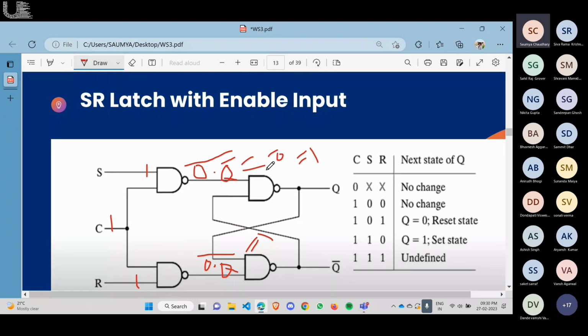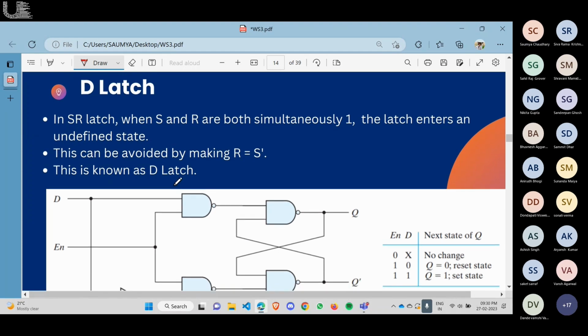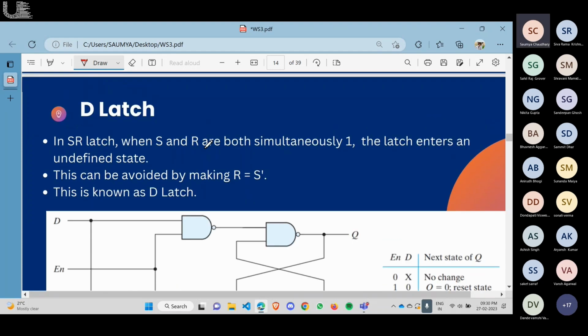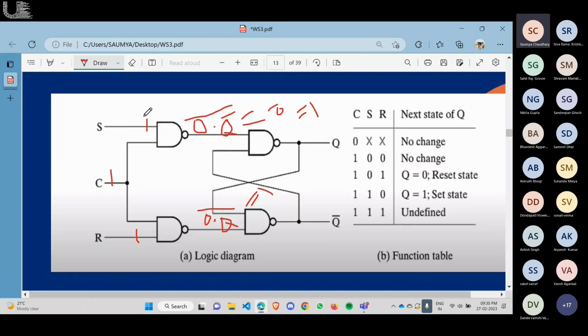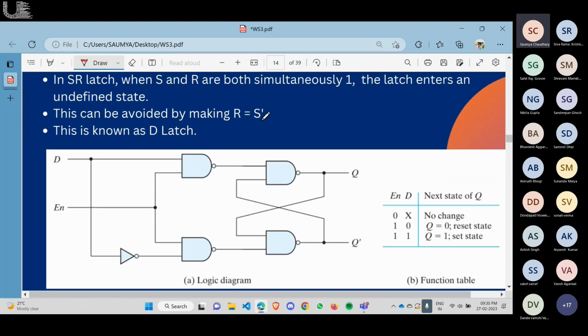So we have seen the SR latch using the enable input. Now we will see the D latch. In the SR latch, we have seen we can give the input as 1 and 1 both simultaneously, and 0 and 0 both simultaneously, S and R. But in the D latch, R is equal to S prime.